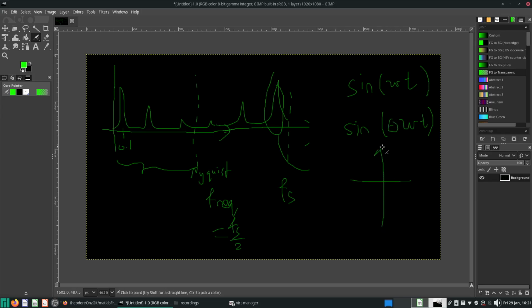In your four quadrants, you have this kind of negative angle. If you can have negative angles, you can have a negative frequency as well.